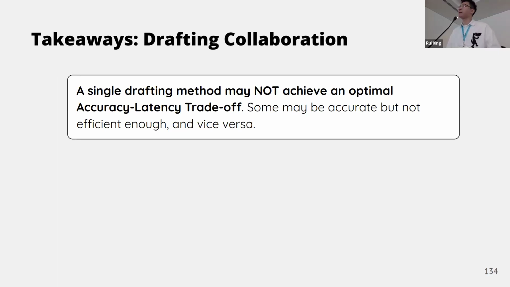And the copy-based methods have a very efficient drafting process, but the speculation accuracy of these methods may be low in some specific scenarios. However, if we combine these methods, simply speaking, if we set a threshold to switch between both methods, we can find the optimal scenario to apply a specific method to achieve higher speedups.